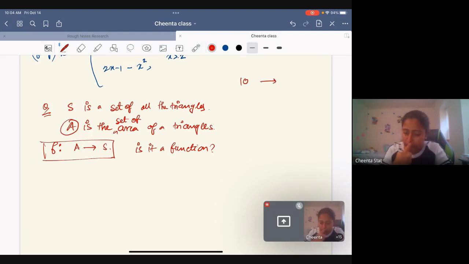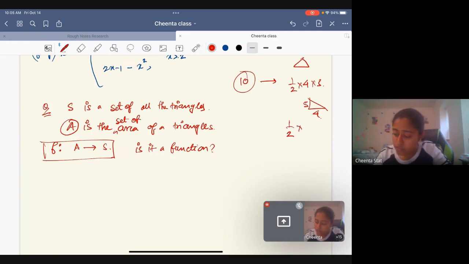We can come up with many triangles which have area 10. One simple example is half into base 4 and height 5, a right angle triangle, which gives 10. Another one: half into 2 into 10, also a triangle with area 10.